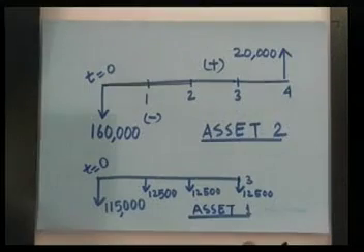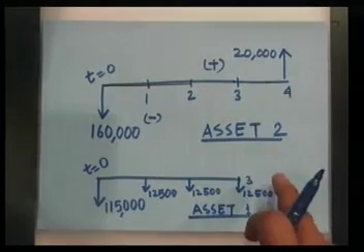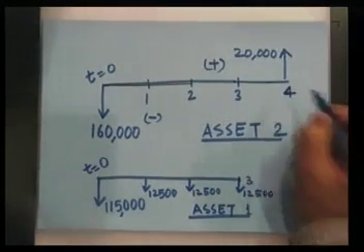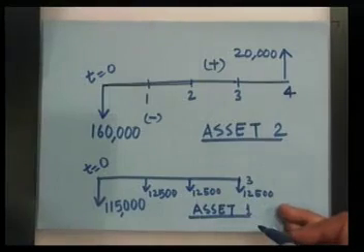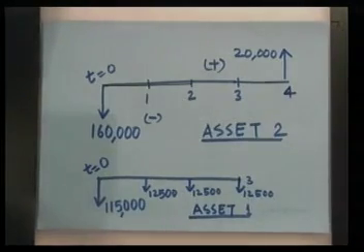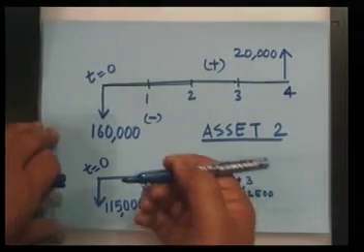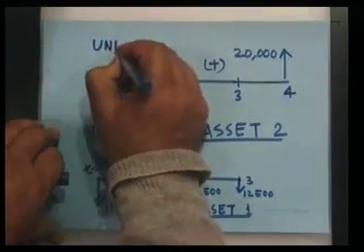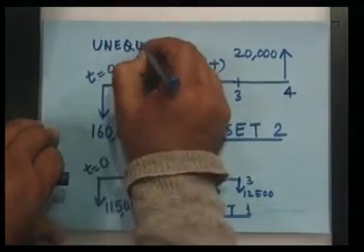So, if you look at this diagram, now you can notice one more thing, for asset 2 life is 4 years, for asset 1 life is 3 years. So, this is a problem in which alternatives have unequal lives.